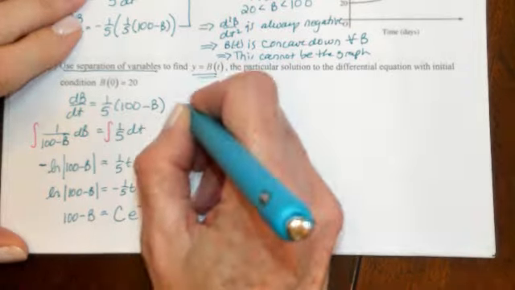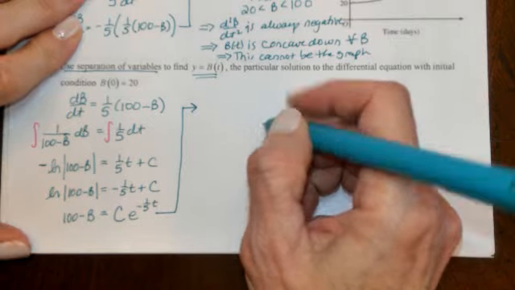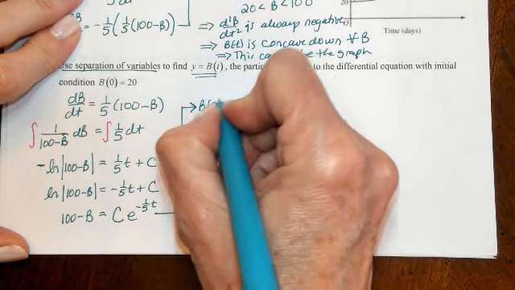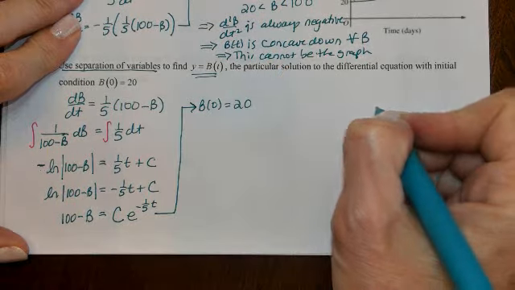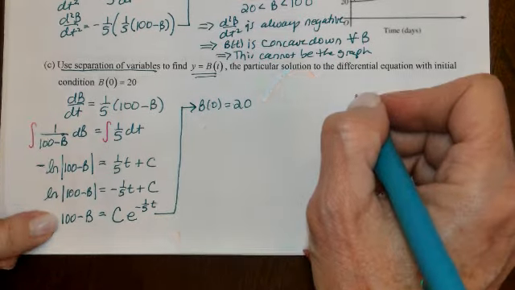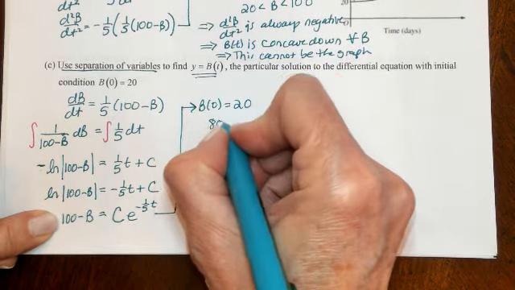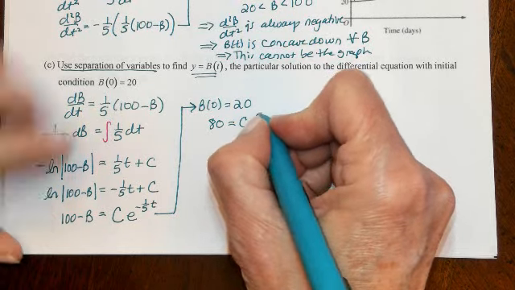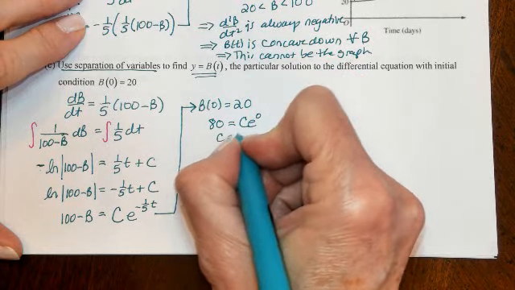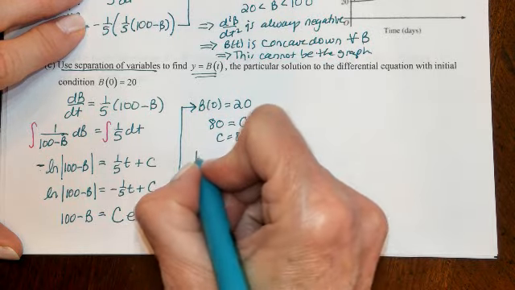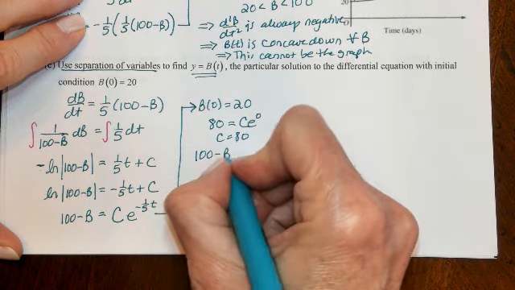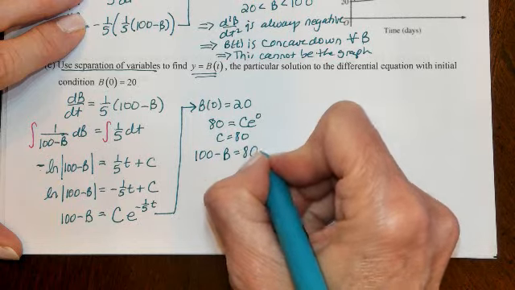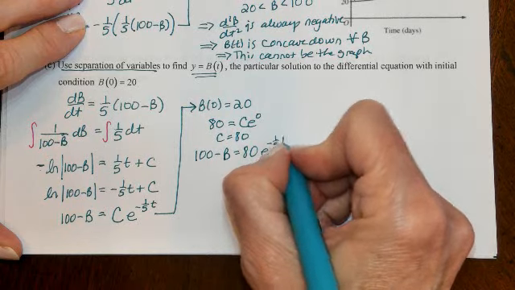All right. Now this looks like a much better place to plug in my point. So I'm going to plug in b of 0 is 20. So 20 goes in for B, and I'll have 80 is equal to C e to the 0, which is 1. So C is just 80, and my equation is 100 minus B is 80 e to the negative 1/5 t.